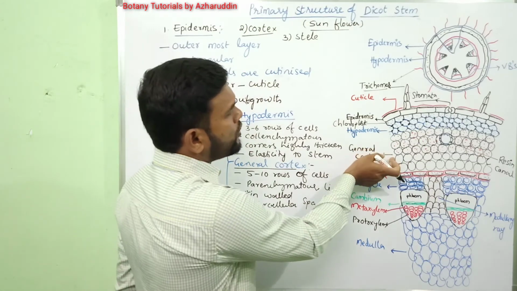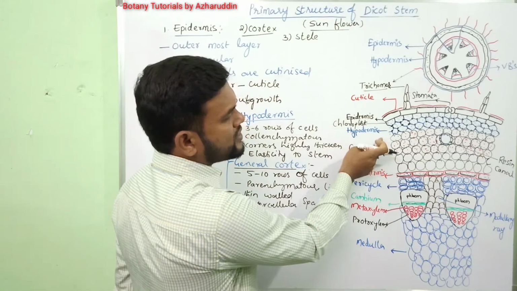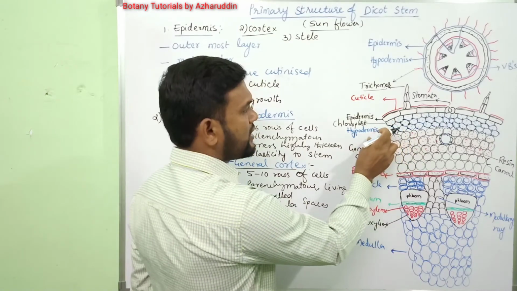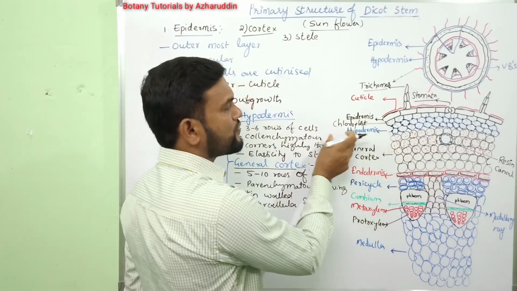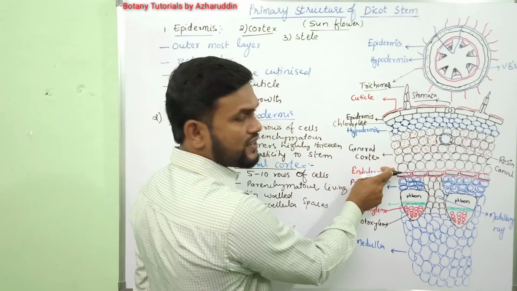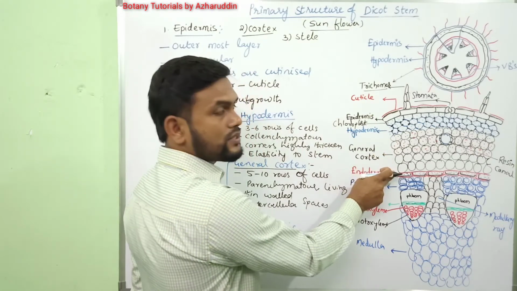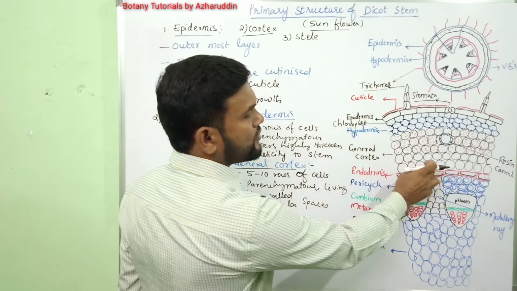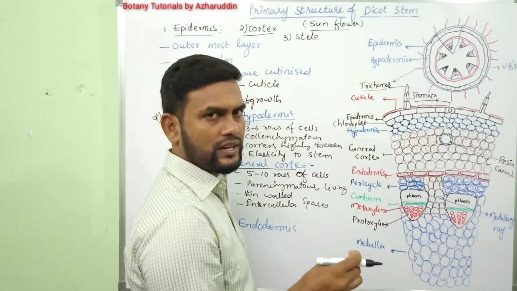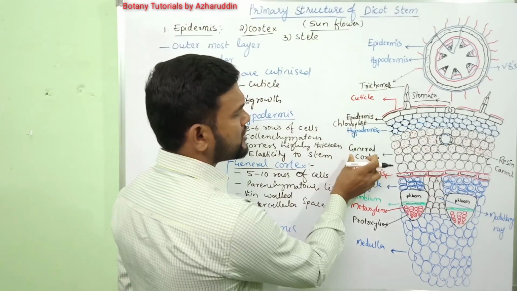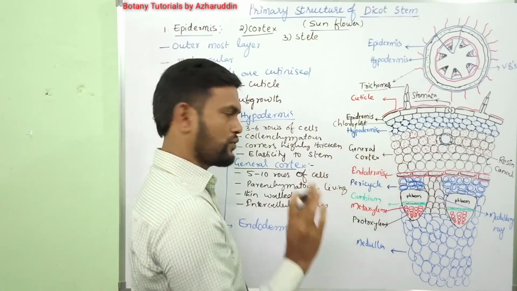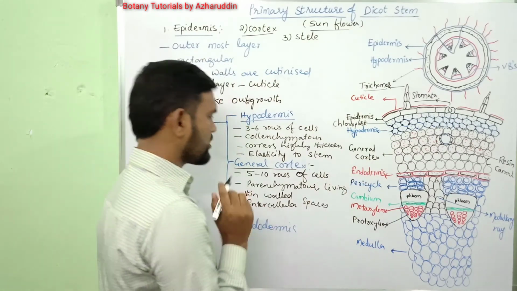The outer rows of the general cortex contain chloroplasts, and the inner rows of the general cortex contain leucoplasts, so that it is involved in storage of food materials. The main functions of general cortex are assimilatory function and storage of food materials. This is about general cortex.